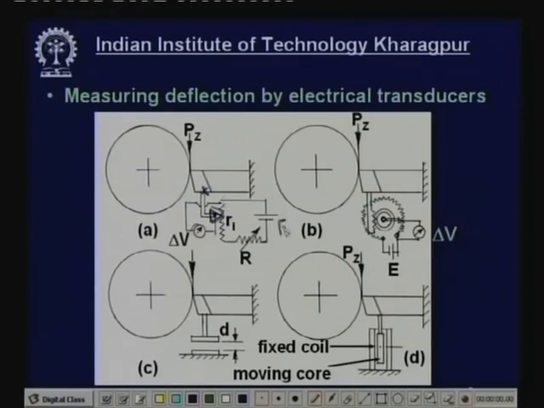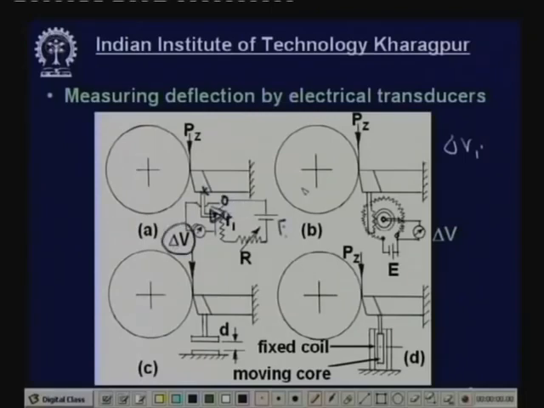This is the EMF E, and this is the resistance R. So this delta R will change. Because of that, some voltage delta V will be created across this point and this point.